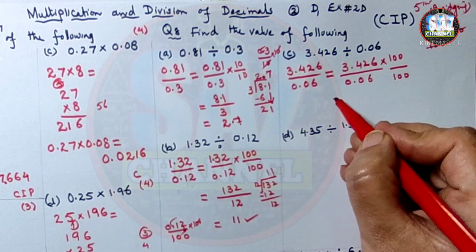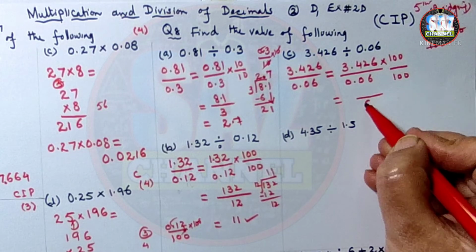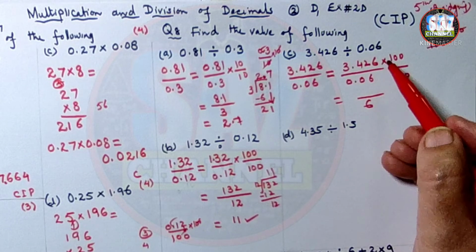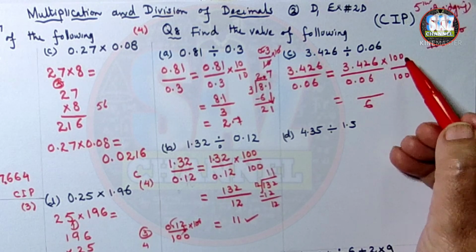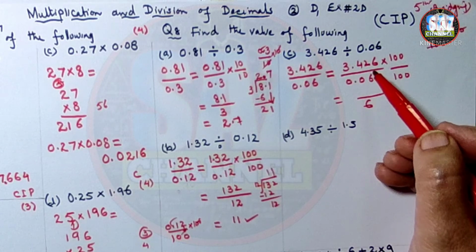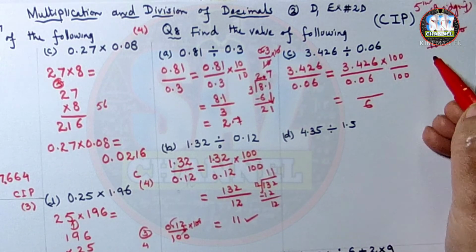Okay. And now this will become 6 only. And let's talk about 3.426 multiplied by 100. Now see where the decimal will be coming when I'm multiplying this by 100.